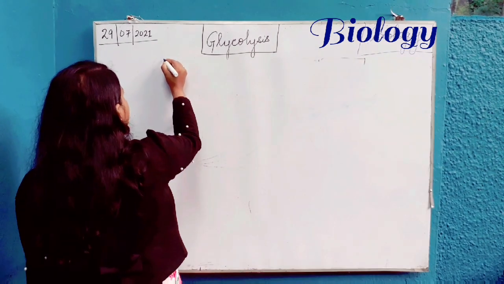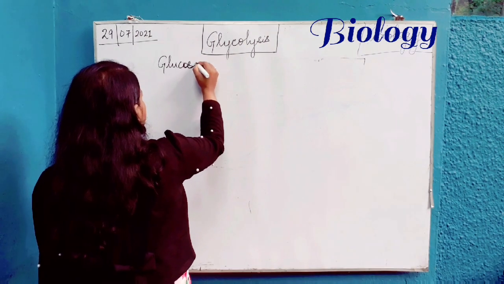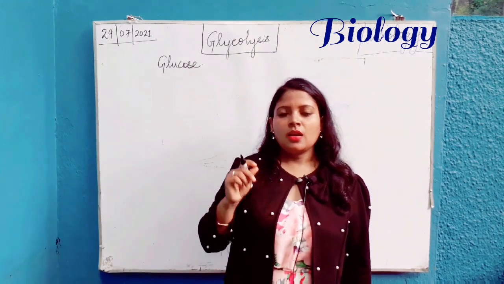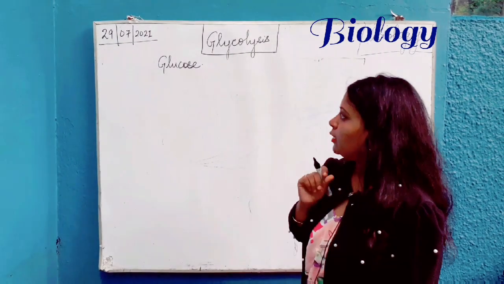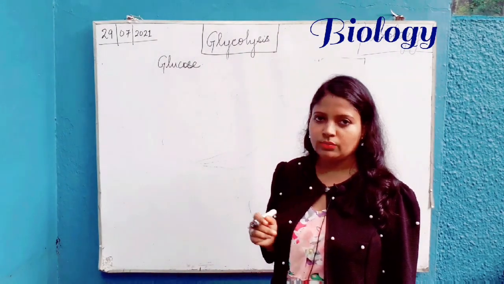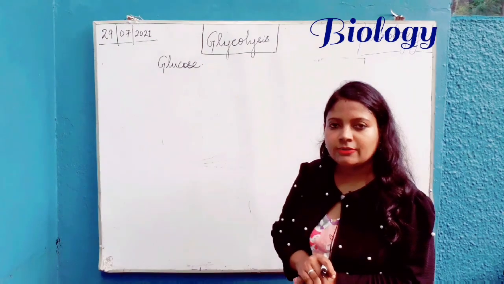The first starting compound is called glucose. What is the main role of glucose? That is to break down. So to break down, what is the process in the first step?